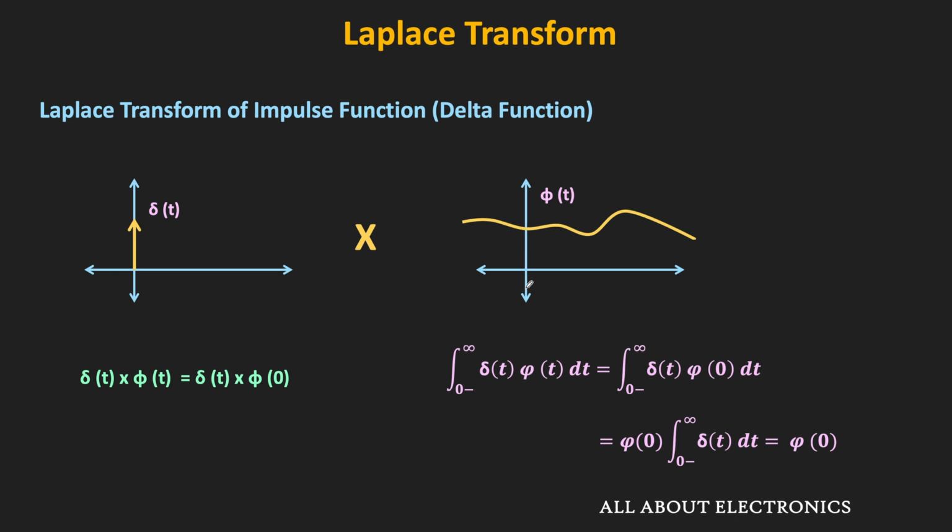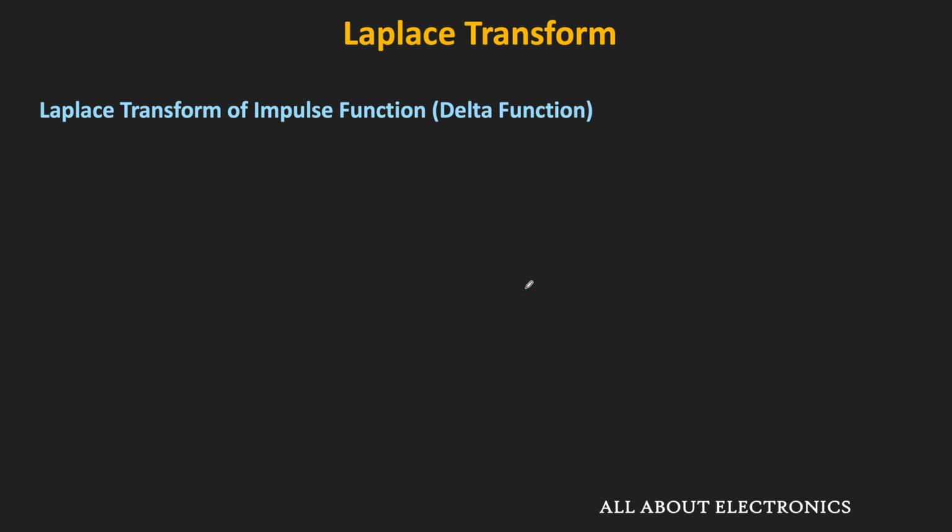So using this property of the impulse function, let us find the Laplace transform of this delta function. As per the definition, the Laplace transform of the delta function is equal to the integration from 0 minus to infinity of delta of t times e to the power minus st times dt. Now as we have seen earlier, when the impulse function gets multiplied with any other function, it gives the value of the function at time t equal to 0.